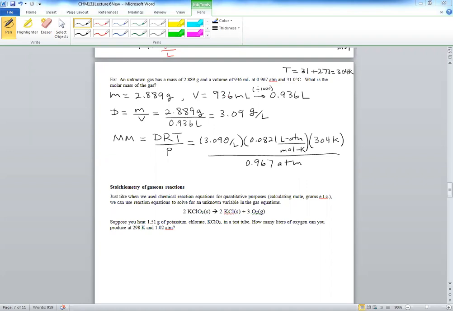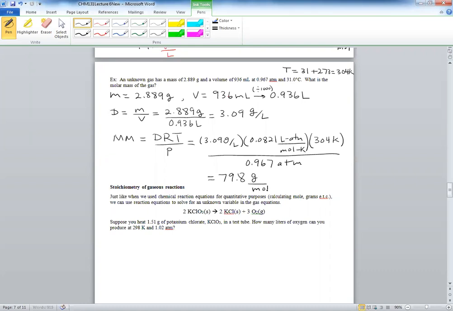So when you multiply all these out, and notice how the units start canceling, you should be able to cancel out the units except the ones that match the molar mass units, which are grams per mole. So this gives me about 79.8 grams per mole.